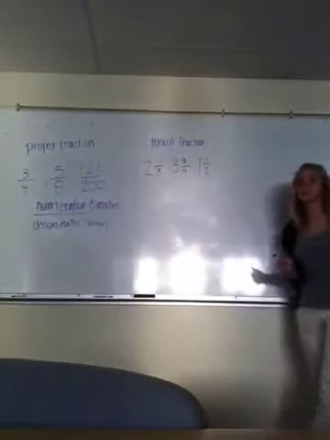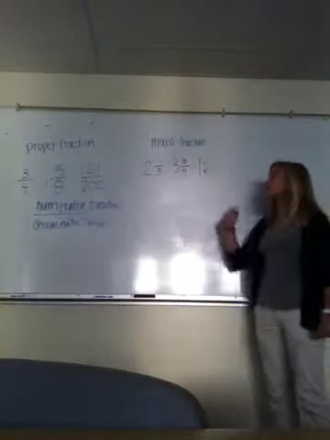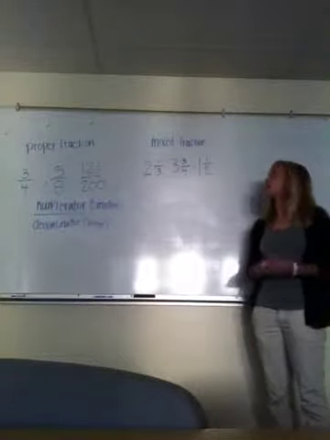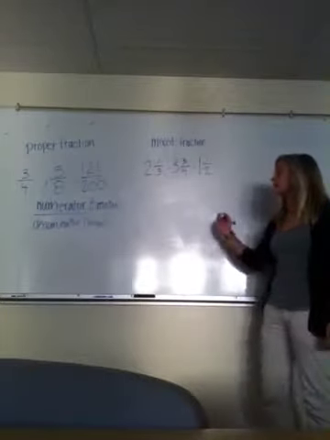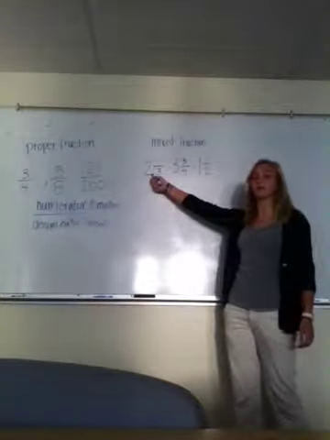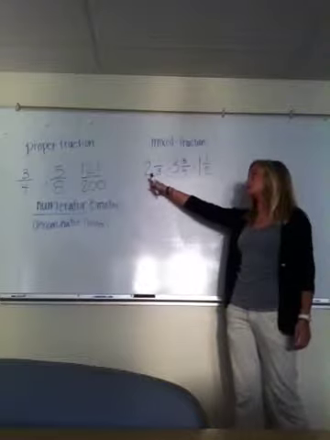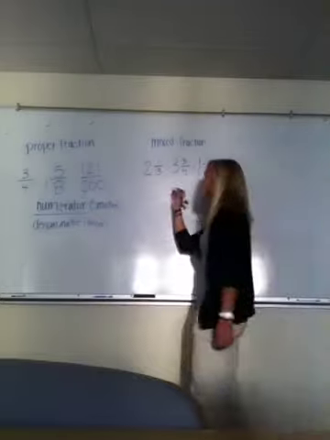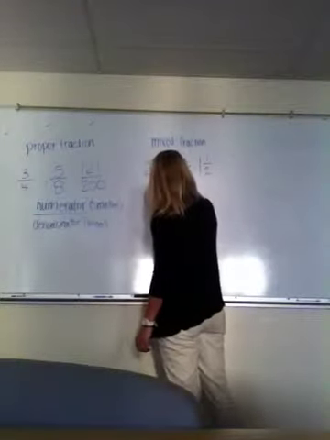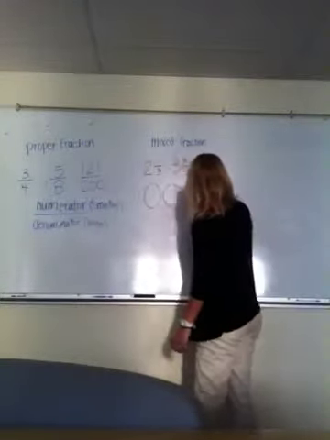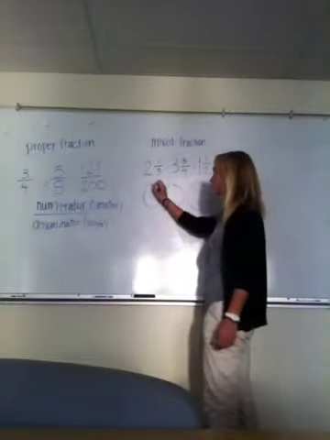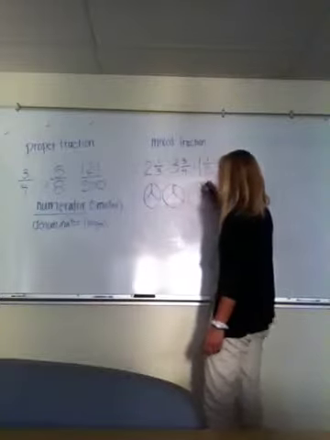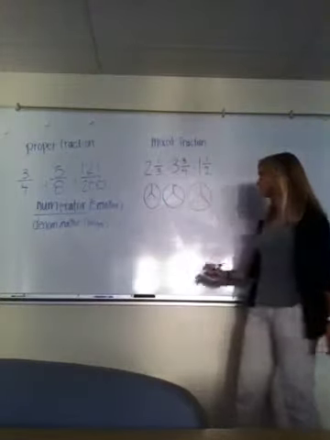Now the other fractions that we've talked about are mixed fractions. One thing that's kind of important to remember about mixed fractions is the fact that it has a whole number involved in it as well. So this is 2 and 1/3. And how we would show that is if we had 2 whole pizzas that were cut in thirds, and then another pizza that was cut in thirds.